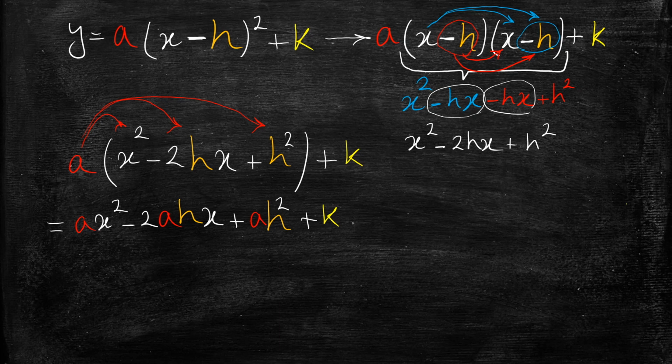So I'm going to write the general form here so we can compare them together. So the general form of, and of course this is y equals that, right? Y equals this, always. The general form was this: y equals a x squared plus bx plus c. So now we compare them and we see what's what.